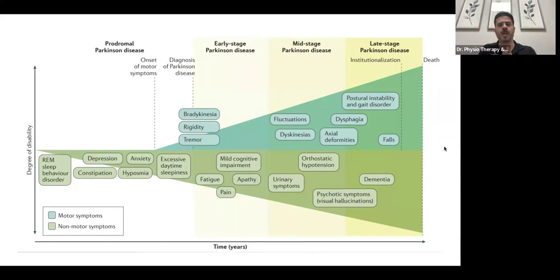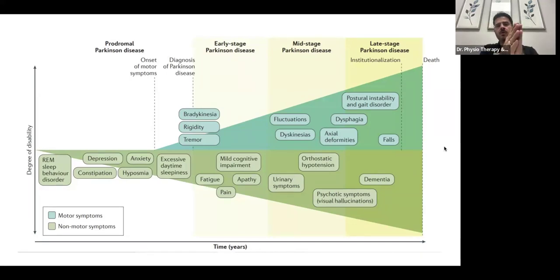So when patients come with the diagnosis, from that day we know already, just remember the iceberg, okay? So you have some of the motor symptoms happening. We're always going to focus on those three: the bradykinesia, rigidity, and tremors, because those are the core ones, plus other things that the doctors will investigate.